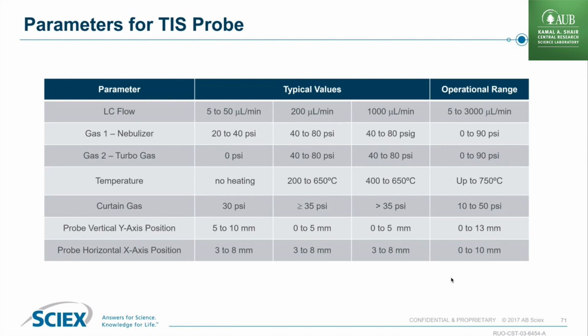They depend on the LC flow. So if you modify your LC flow, for example, you change your column, then you need to think immediately, I need to check my source parameters as well. And you can come back to this chart just to reference what are the correct values. And again, if you are stuck on this, you can send me a quick email and say, this is what I'm doing, is it okay? Especially at the beginning, that's no problem for me.